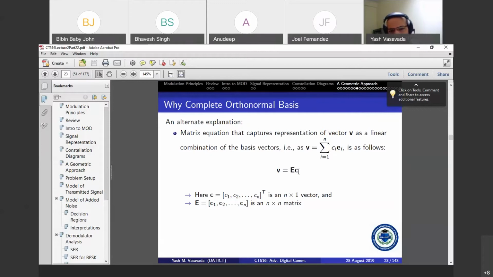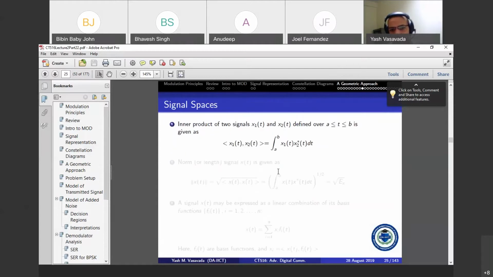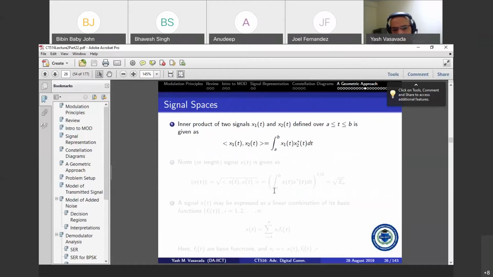Then I can take any vector C and transform it to another vector V. And the good thing is that going back and forth between C and V is very easy, because the inverse of matrix E is nothing but the transpose of the same matrix, because of the orthonormality. And with that, we generalized that to not only vectors which are discretized in the time domain, but also to signals which are continuous in time.